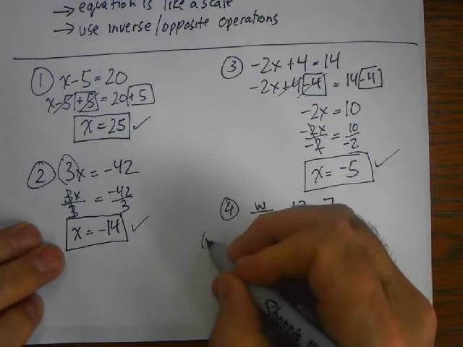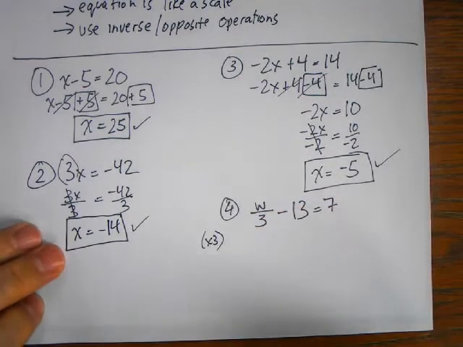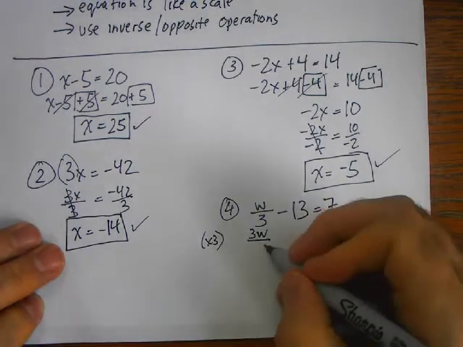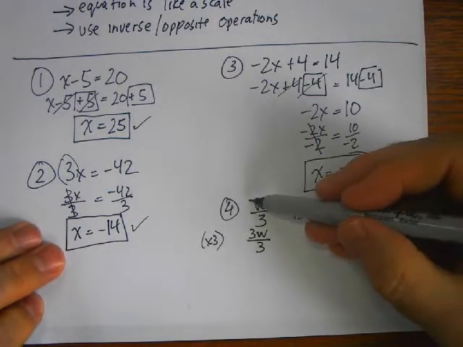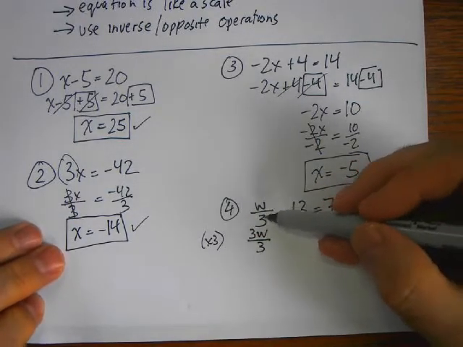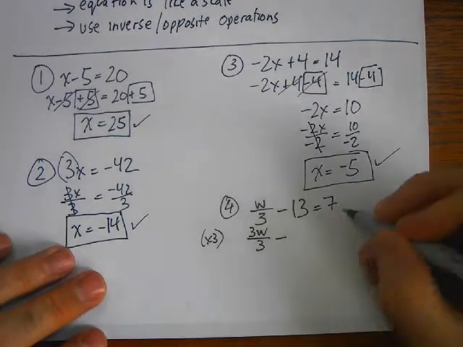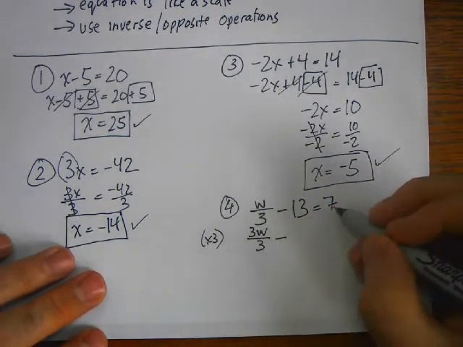So I'll just put that in front here to describe what we're doing. And it's important that you show this step. So everything gets multiplied by 3. When I multiply a fraction by 3, the 3 goes on the top. And then don't forget about the other two terms here.